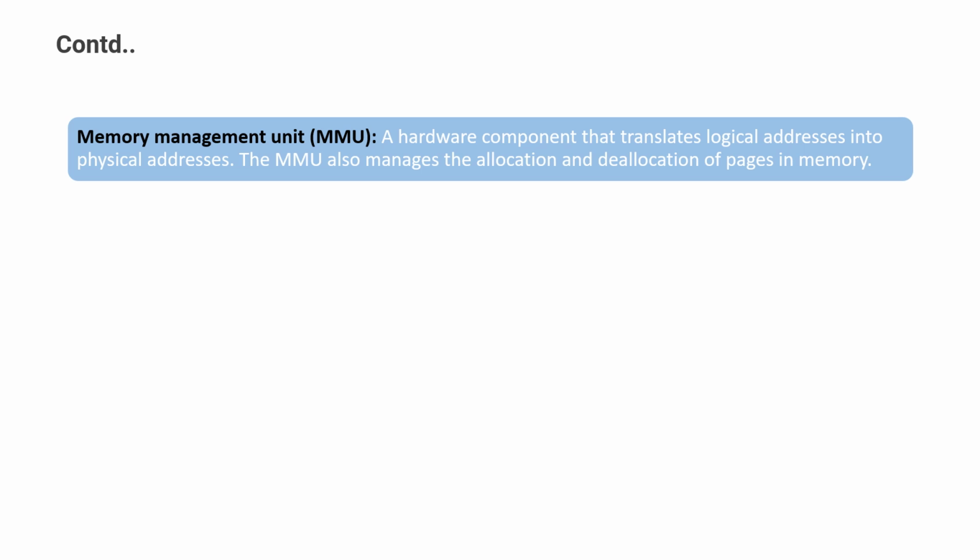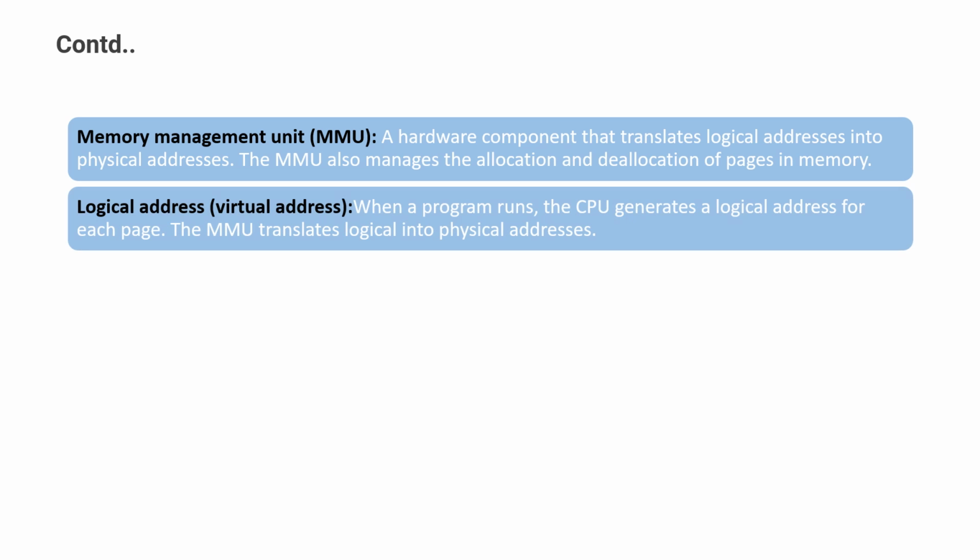Another set of terms is the memory management unit. This is a hardware component that translates the logical address into the physical address, and it also manages the allocation and deallocation of pages in memory. And the logical address, or virtual address: when a program runs, the CPU generates a logical address for each page.